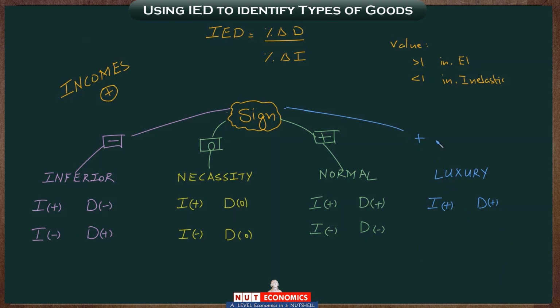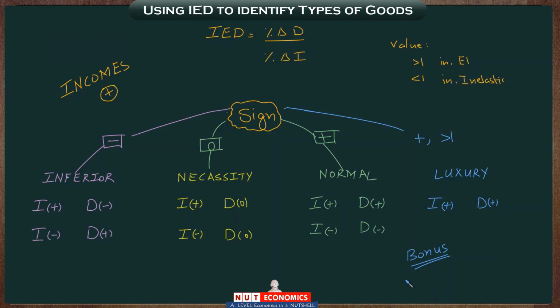But then we can also understand why the income elasticity of demand of a luxury good would also be greater than 1, or elastic. To see that, you just need to think about the way you would use a bonus that, let's say, you get at the end of the year.